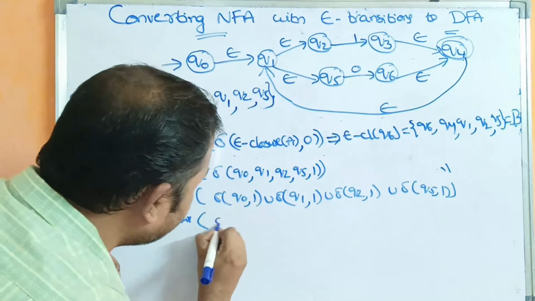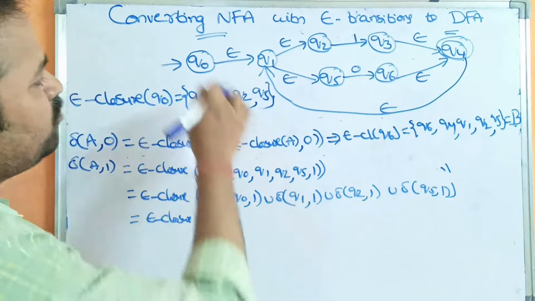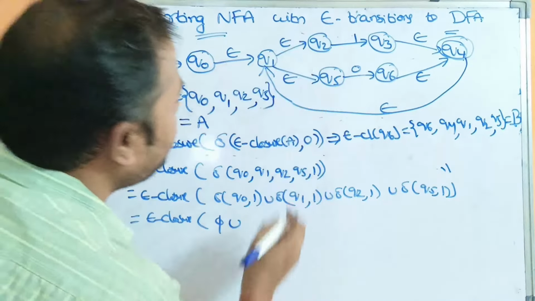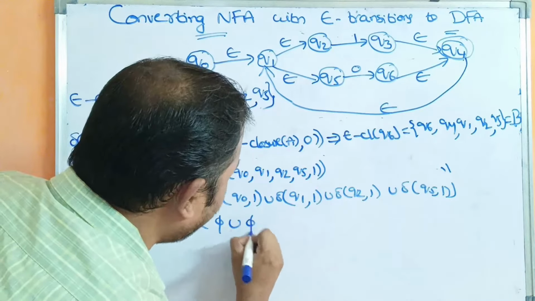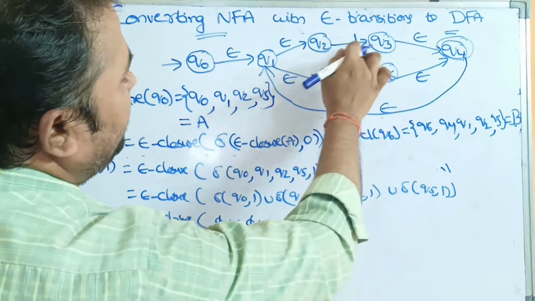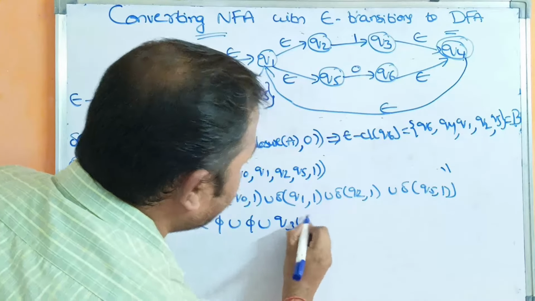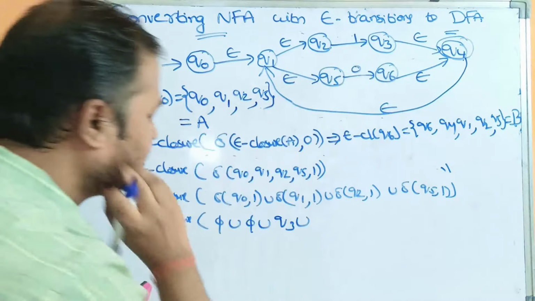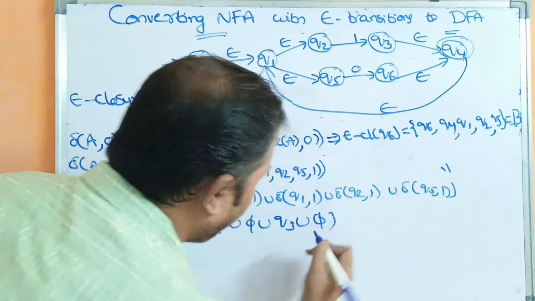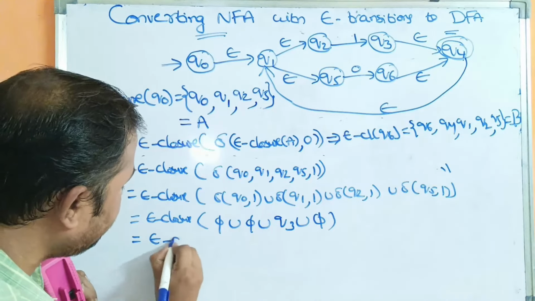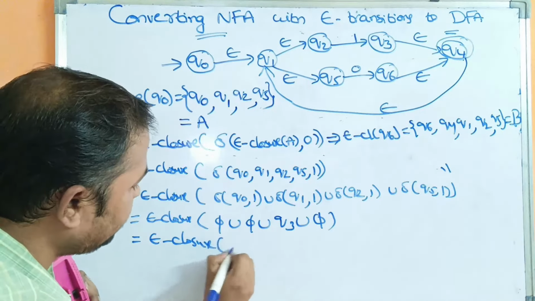No transition, so phi. Union Q1 comma 1, no transition, so phi. Union Q2 comma 1: we can apply 1 on Q2, then we will get Q3 state. Union Q5 comma 1 means no transition, so phi. So this is nothing but epsilon closure of Q3.